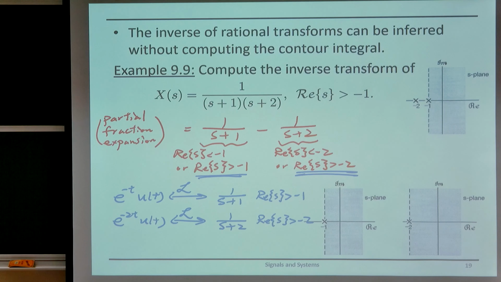So hence, if you combine these two, x of t should be equal to e to the minus t minus e to the minus 2t times u of t.